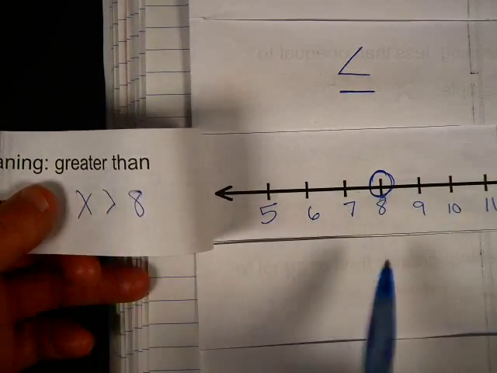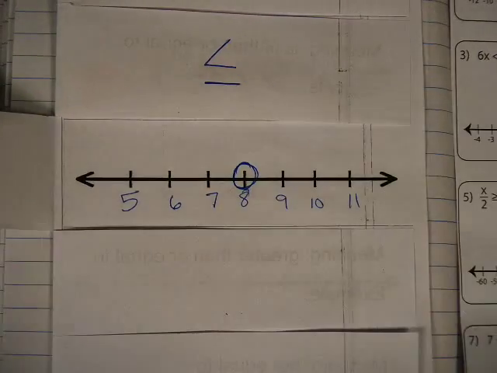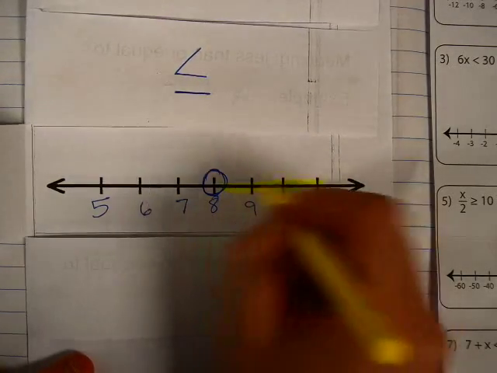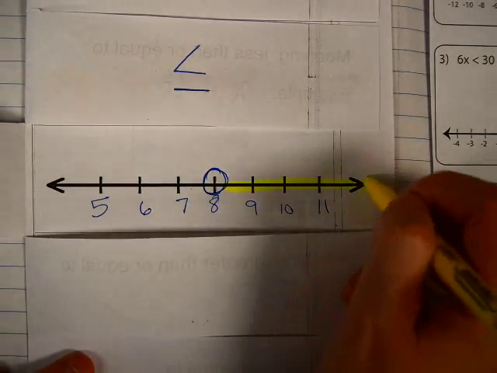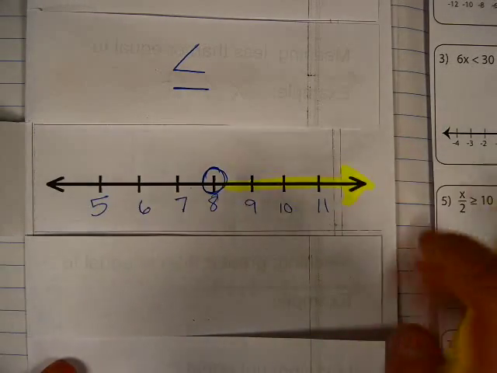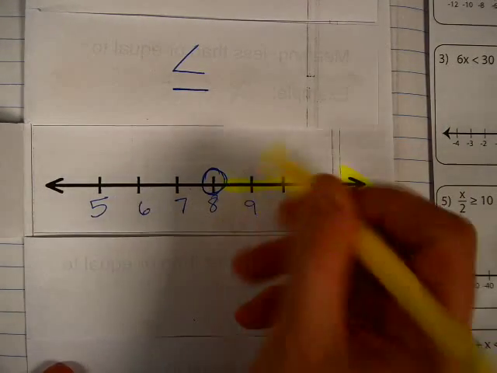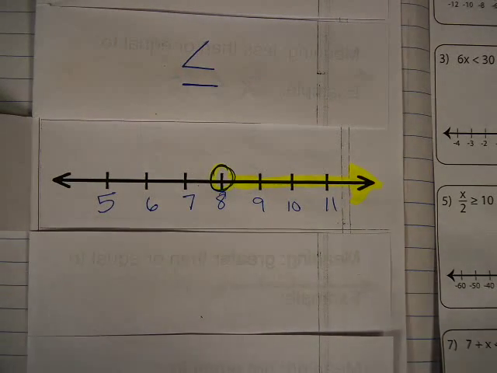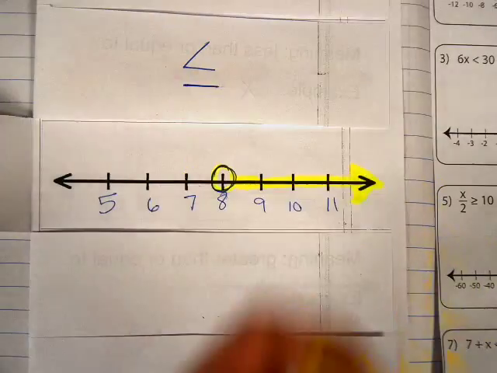It points the direction I need to go, which is that way. So, I hope you can see this yellow. It is everything that goes that way. So it's everything this way, including the arrow. If you want to highlight the circle, that's fine too. And it's an open circle. That's the key.